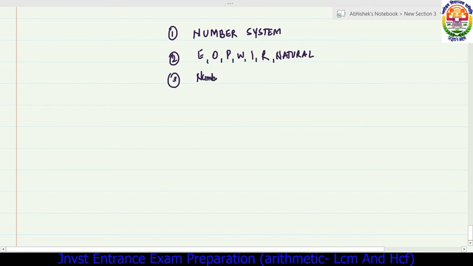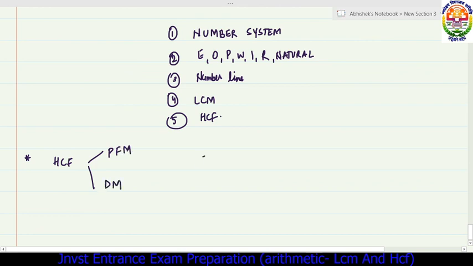We learned about LCM and HCF. In HCF, how do we calculate? There are two methods, the prime factorization method and the division method. In LCM also there are two, the prime factorization method and the division method.